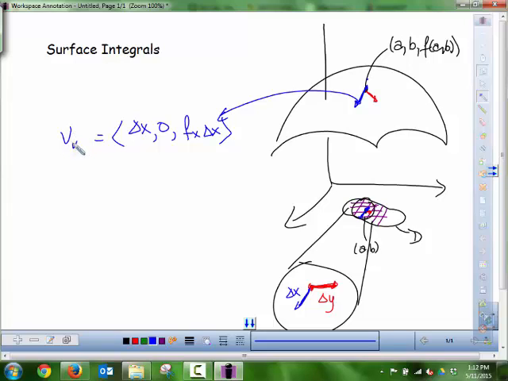So let's call this Vx, the tangent vector along the x direction. And then Vy goes 0 in the x direction, because it goes all in the y direction by delta y, and then I have f_y delta y.